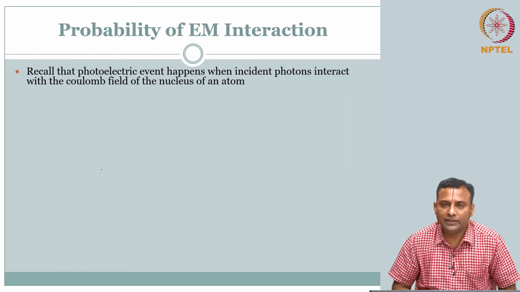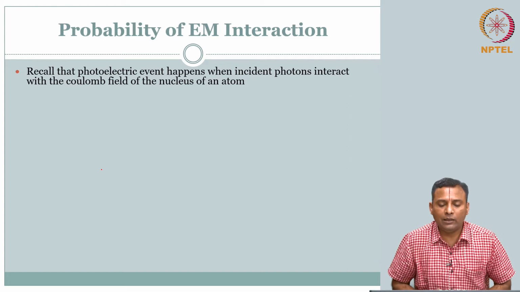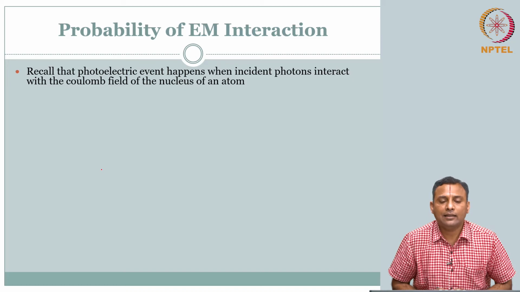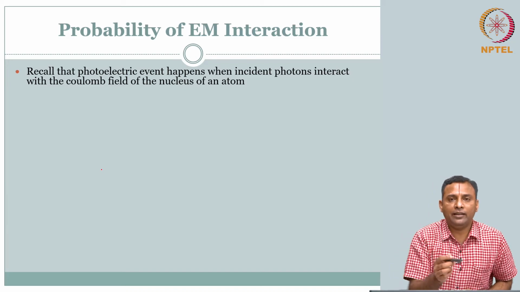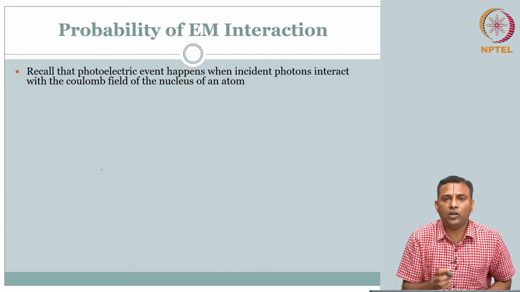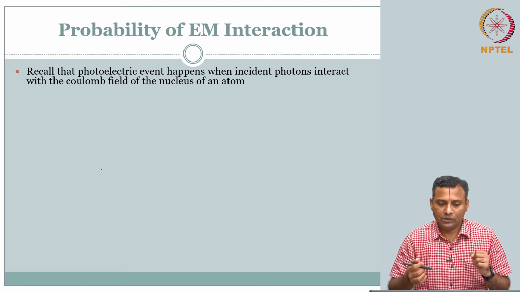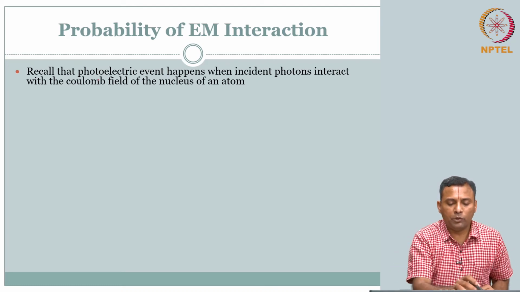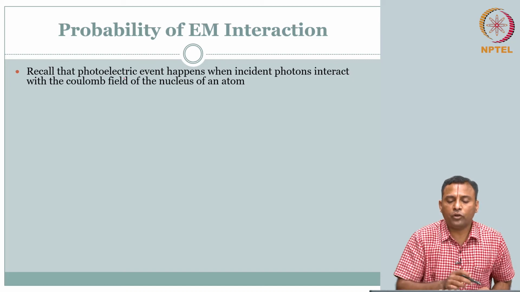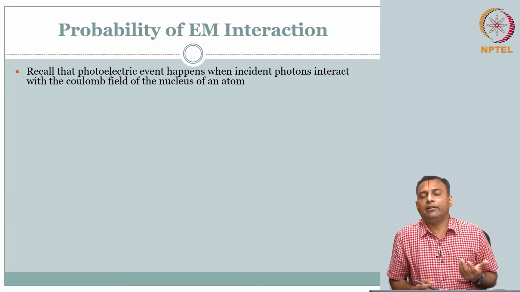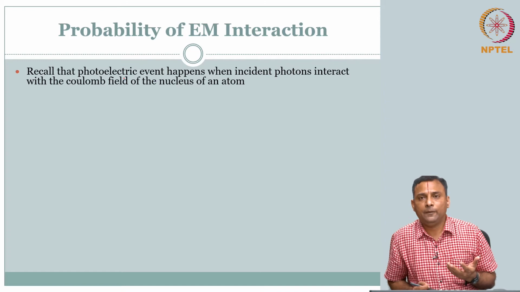That means we will spend a little more time on understanding what we mean by increasing or decreasing the likelihood. It is all probabilistic. So intuitively, we are interested in the photoelectric effect. When does it happen?